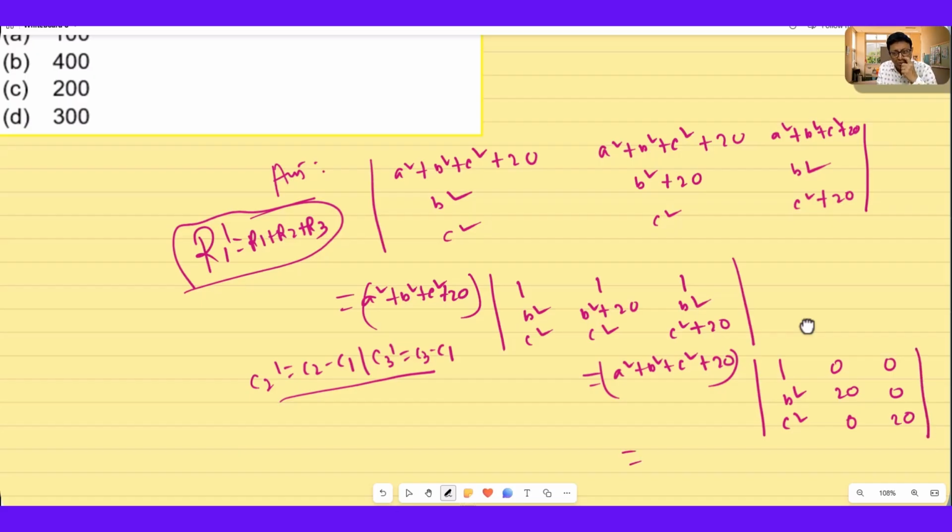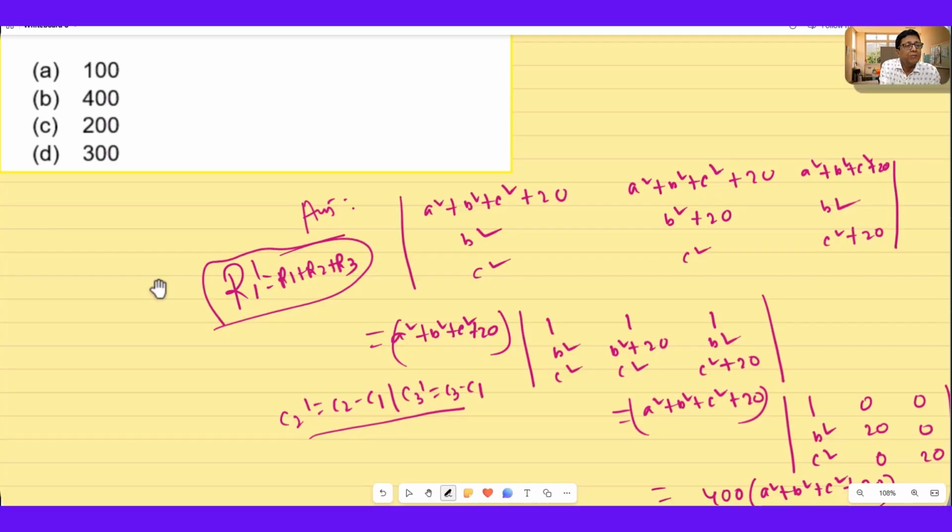Expand in terms of the first row, there will be 20 into 20, 400. So this is always divisible by 400. Our question is here: divisible by what? We have proved that it is divisible by 400.